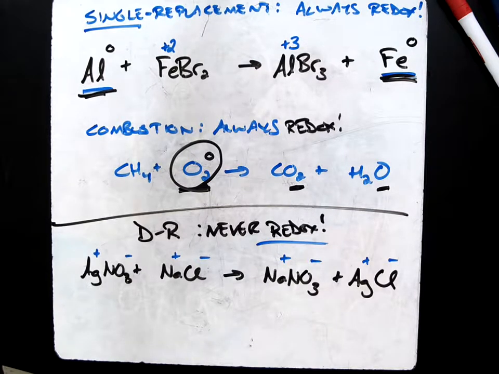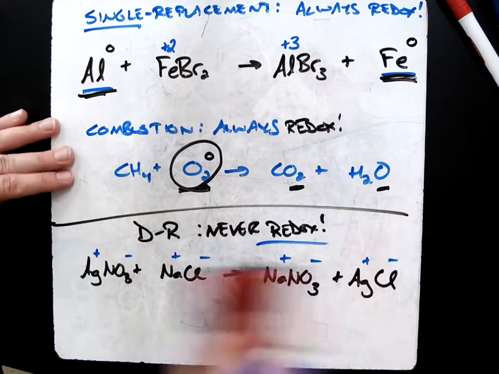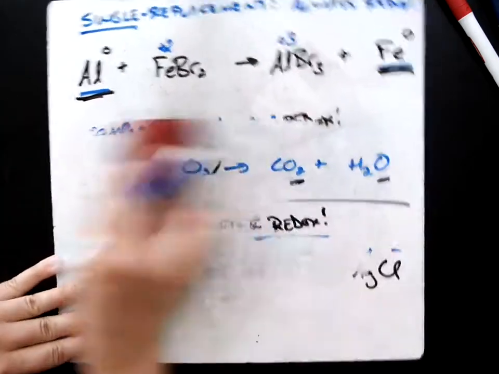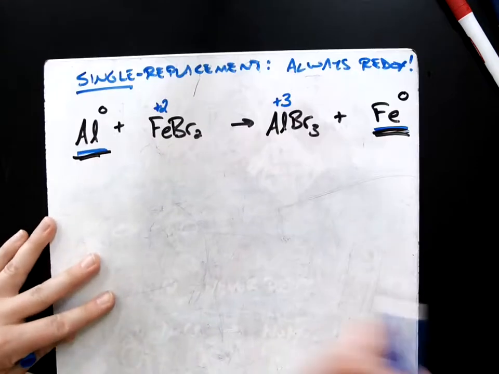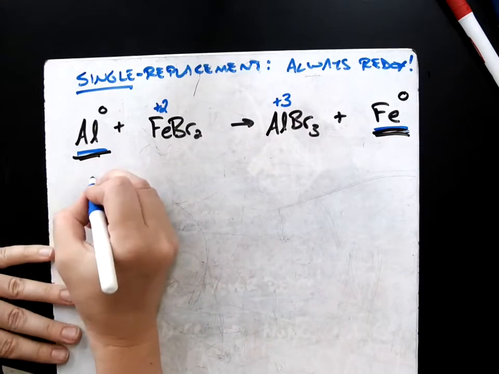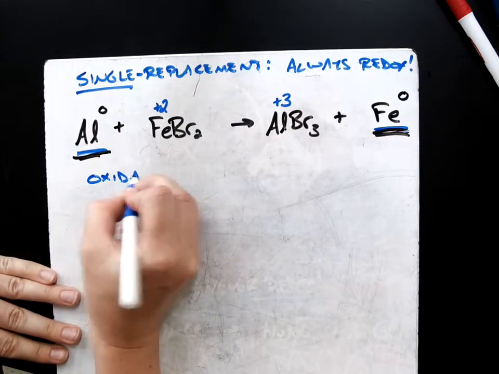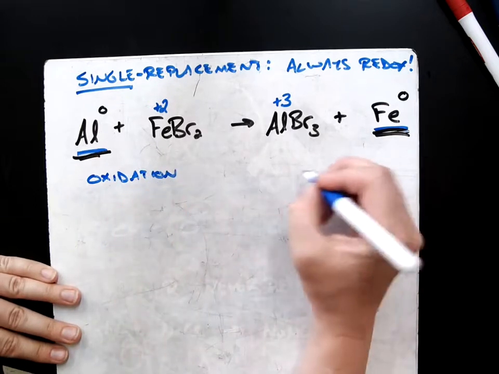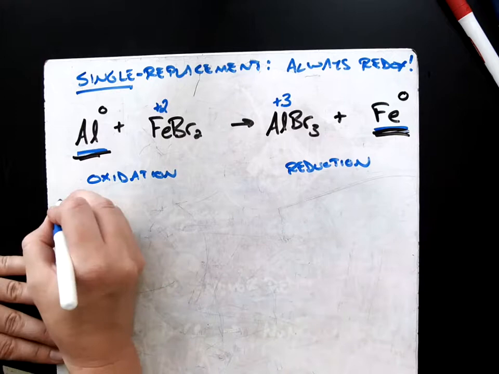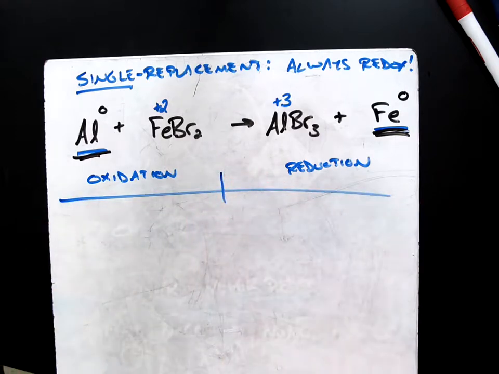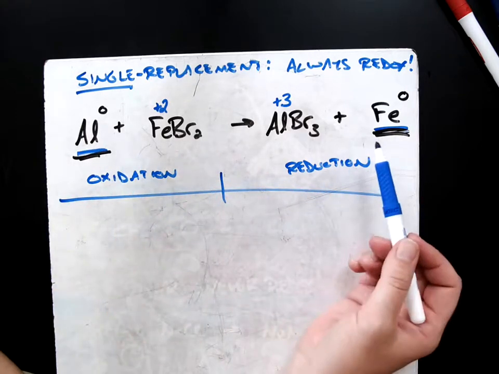Okay, now let's get into what to know. We're going to use this single replacement reaction to see if we can generate our redox chart, the chart that we really want to memorize. Everything about oxidation that we want to memorize, everything about reduction that we want to memorize. Okay, look at what we've got going on.